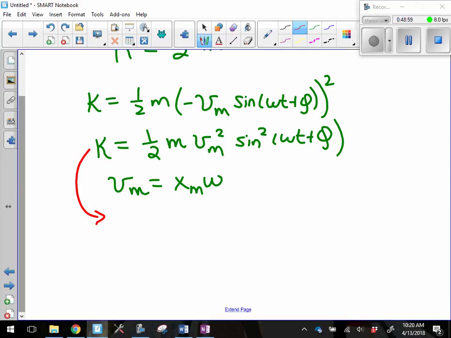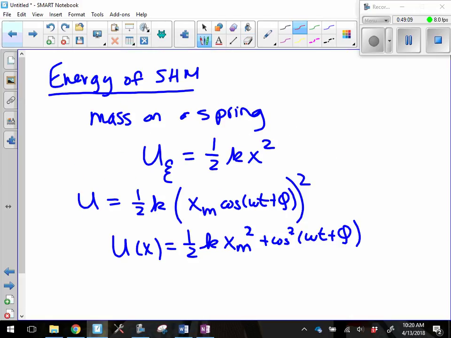So I can substitute that in. So now my kinetic energy, which is also a function not of position, but of time. Oh no, did I do that? This should be U of t. Fix that. Okay, it's not U of x, it's U of t. Somebody will have to help Casey fix your notes later.